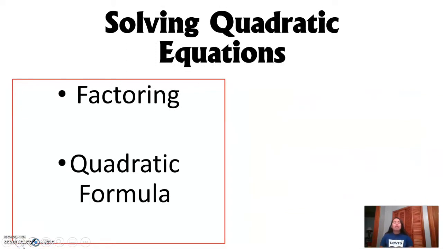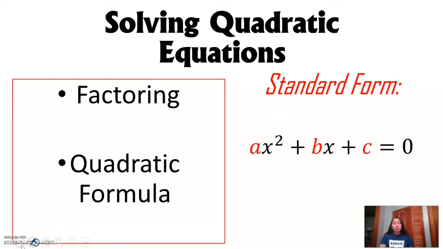Okay? Now, you have to remember though that when we use the factoring method or quadratic formula, we should be aware that the quadratic equation should be in standard form, which is ax squared plus bx plus c equals 0.